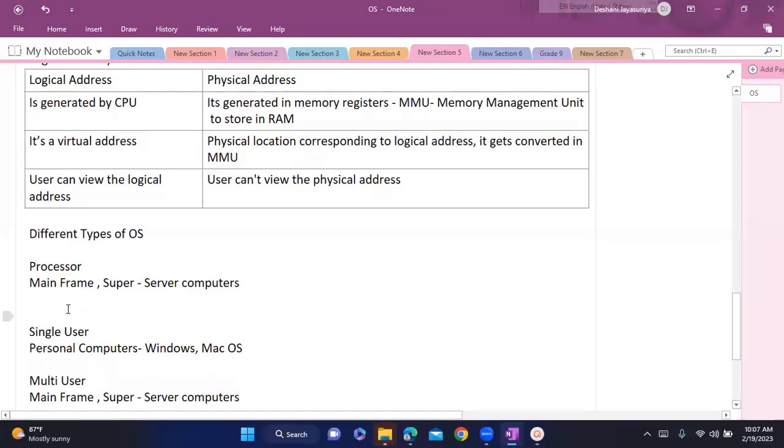So processors: mainframe, and this one is personal computers as micro devices.